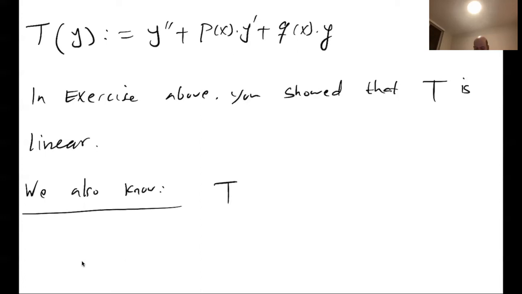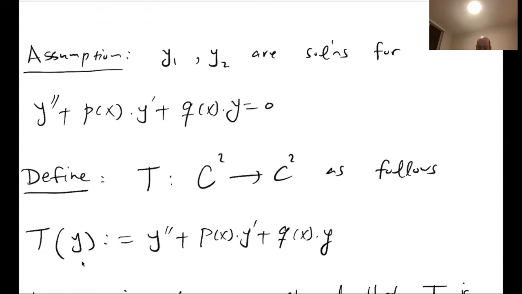So we also know that T of y1, how much is T of y1? We were assuming that y1 is a solution for this. Y1 is a solution for this means that if I replace y with y1, the equation will be satisfied.